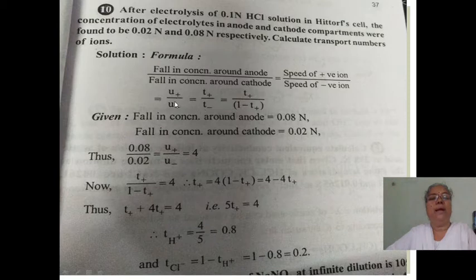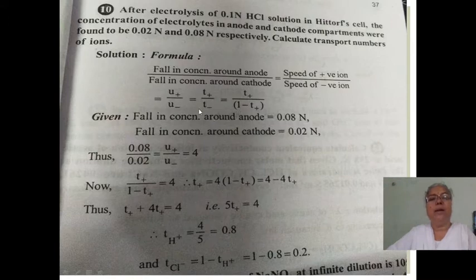Therefore, we can write U plus, the speed of positive ion, over U minus, the speed of negative ion, is equal to T plus upon T minus, where T plus is the transport number of cation, that is positive ion, and T minus the transport number of anion. Here this T minus is written as 1 minus T plus, because T plus plus T minus is equal to 1.